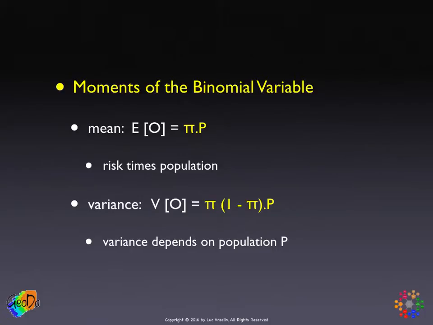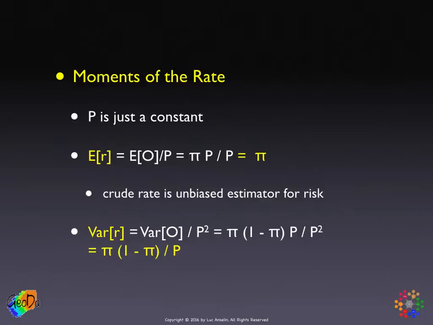And the mean number of events also depends on the population. Now, moving from the numerator to the rate as a whole, p, the population, is just a constant. So the mean of the rate is the mean of the numerator divided by the constant. And so luckily in our case, this turns out to be very fortuitous. We have pi times p divided by p, so we end up with pi.